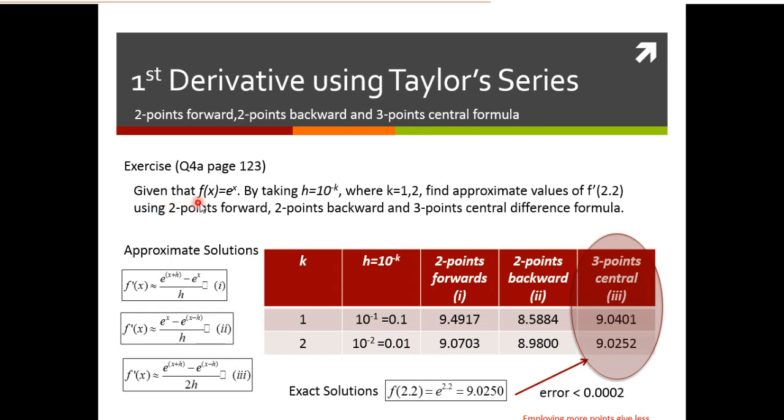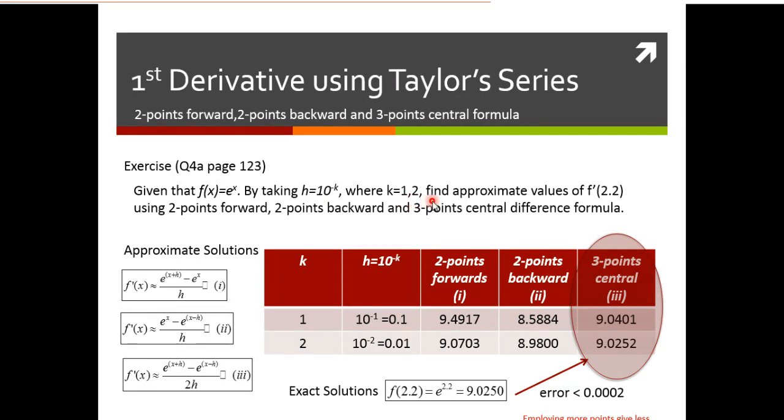So in this question, they give you that the function f of x is represented by the exponent e to the power of x. In this case, you have to use the step size h equal to 10 to the power of negative k, where the k value starts from 1 and 2.